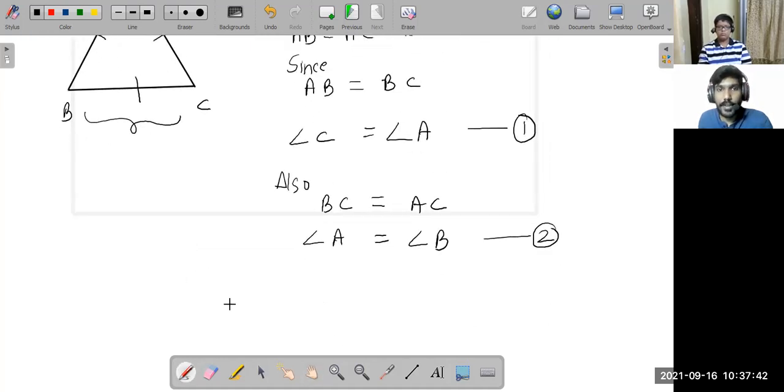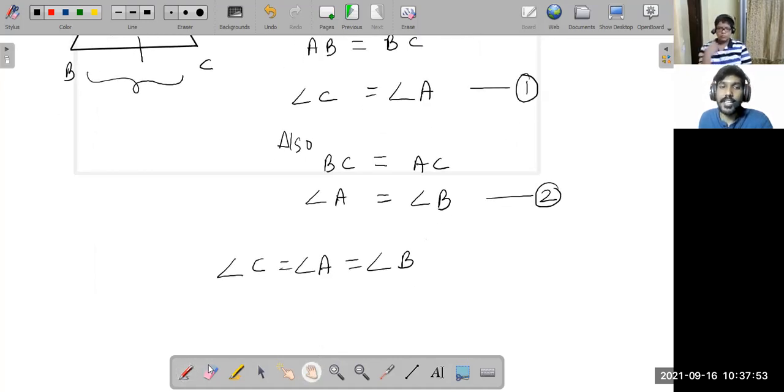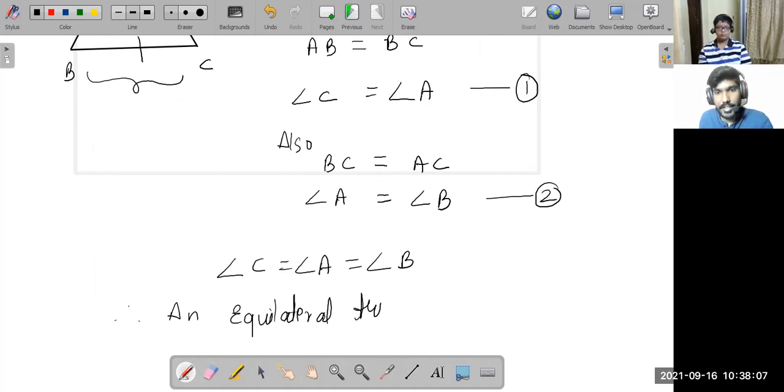Now from equation 1 and 2, we have angle C equal to angle A, and from equation 2, angle A is equal to angle B. So all three of them are equal to each other. Therefore an equilateral triangle is equiangular.